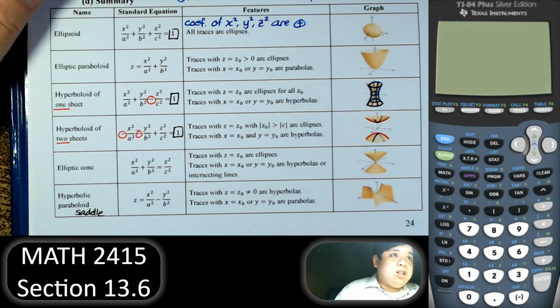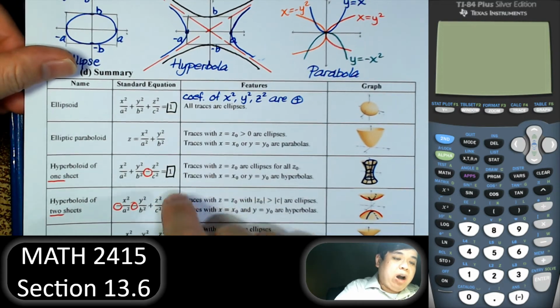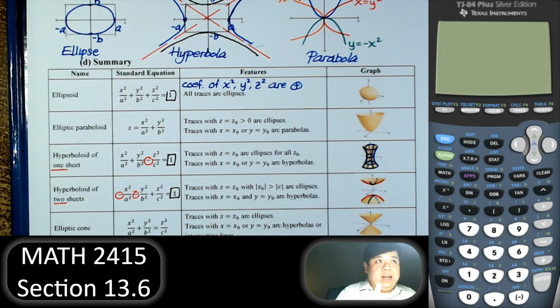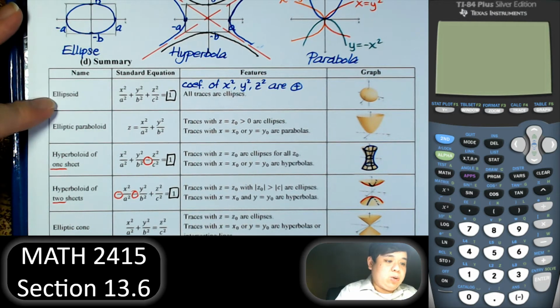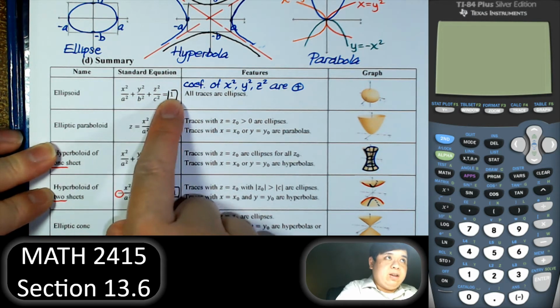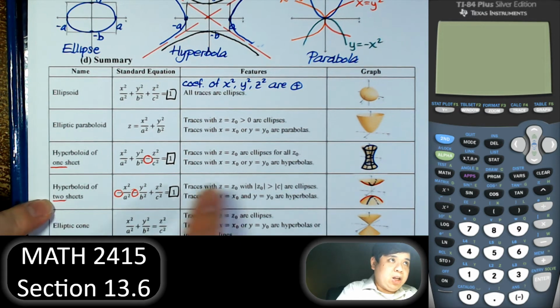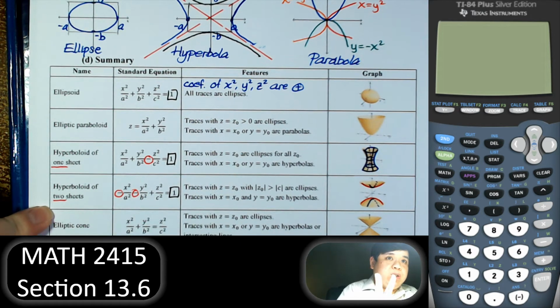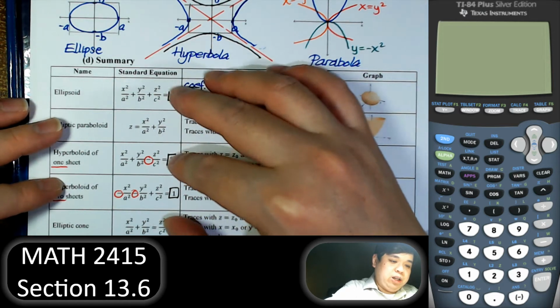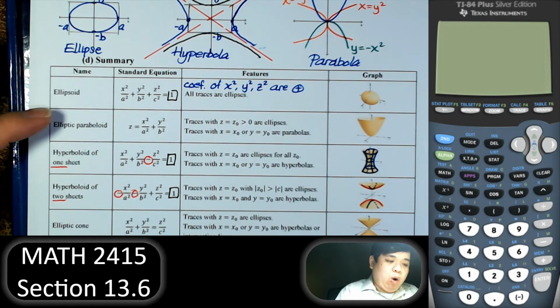We just need to practice a lot, but the summary here is, if we have a constant in all of those, it is either an ellipsoid or a hyperboloid. All three positive, ellipsoid; one negative, hyperboloid of one sheet; two negative, hyperboloid of two sheets. So we knock out those three equations. Next, we have paraboloid.